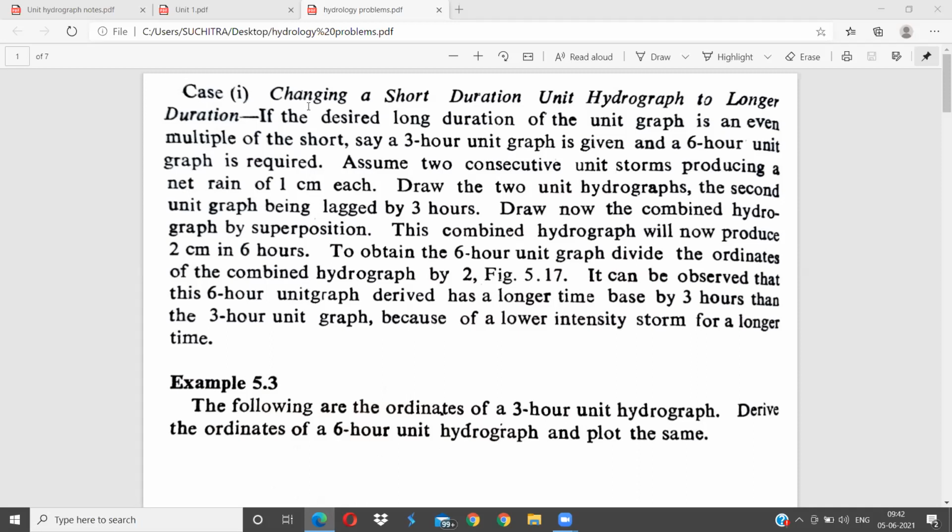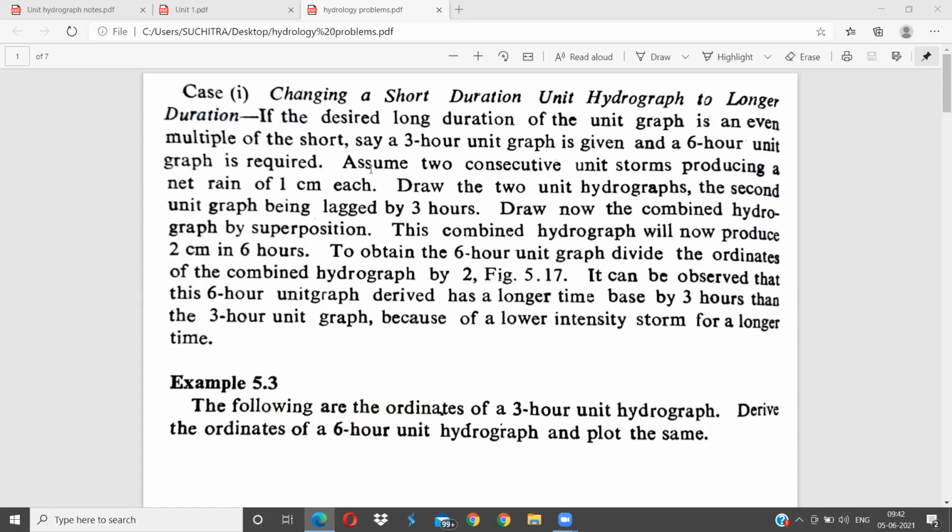Now case one, changing a short duration unit hydrograph to a longer duration. If the desired long duration of the unit hydrograph is an even multiple of the short duration, say a 3-hour unit hydrograph is given and a 6-hour unit hydrograph is required, that means the longer duration is an even multiple of the shorter duration.